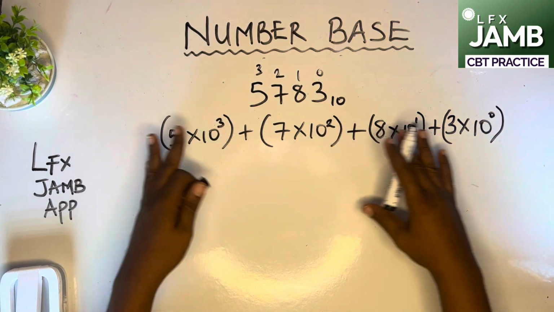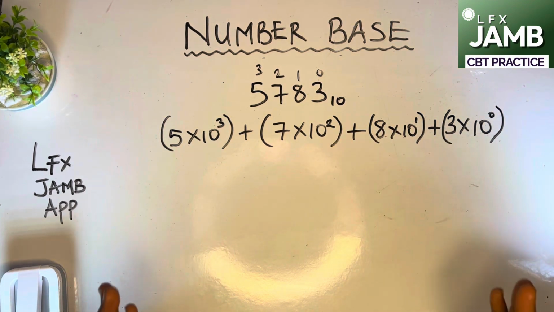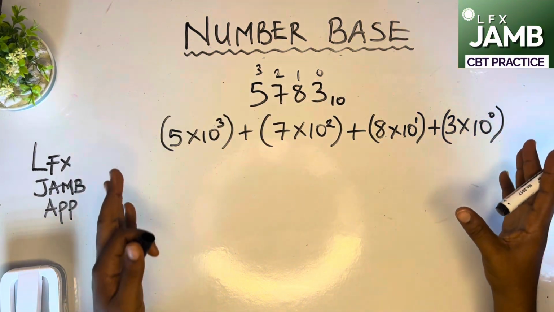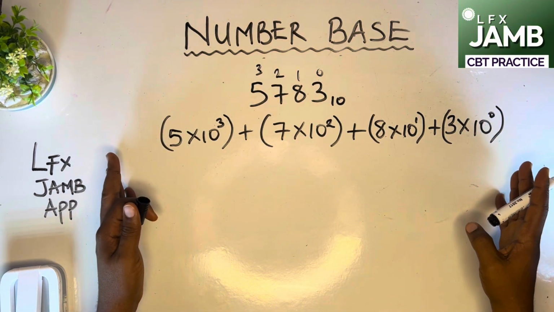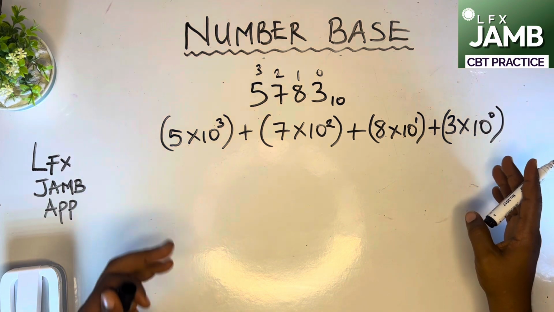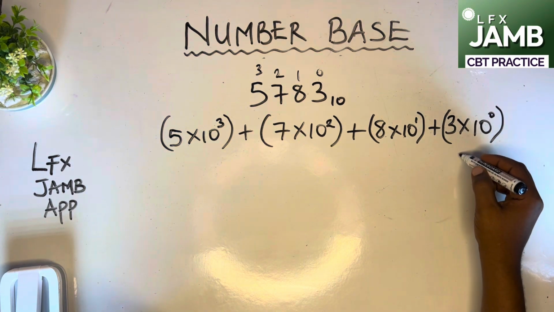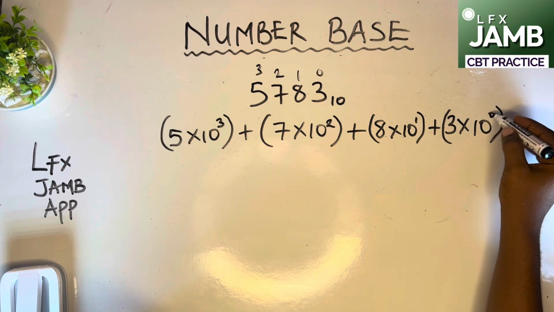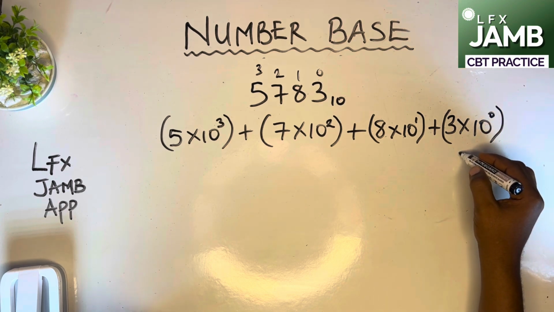If we punch this correctly in our calculator, we'll get the value of what this number stands for. This is simply 3 times 1, because anything raised to the power of 0 is 1. So 3 times 1 is 3.